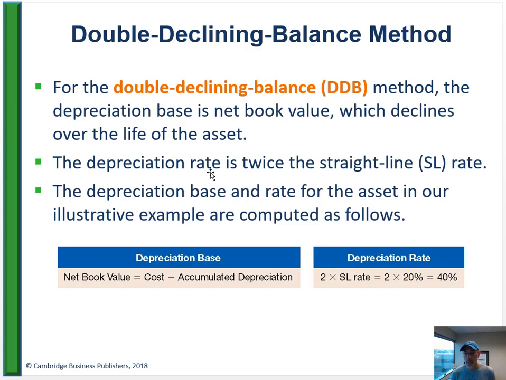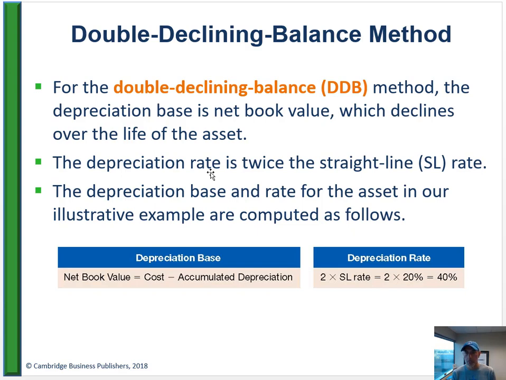In the prior example, we noted that the useful life was 5 years, and that resulted in a depreciation rate of 20% per year. Once we have that, we can calculate the double declining balance method because it's as simple as taking that 20% rate, whatever straight line would indicate, and doubling it.